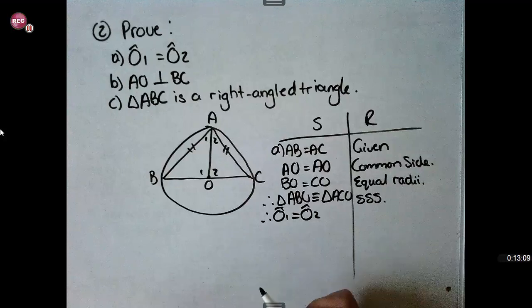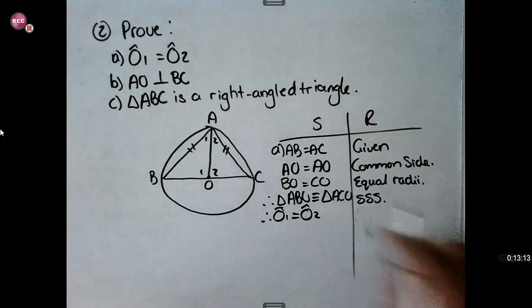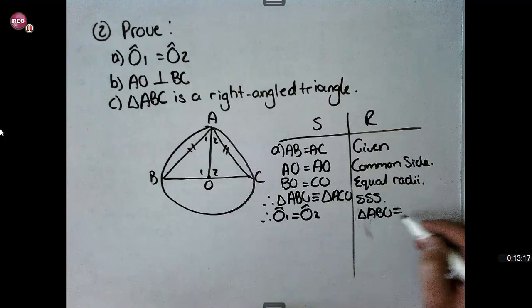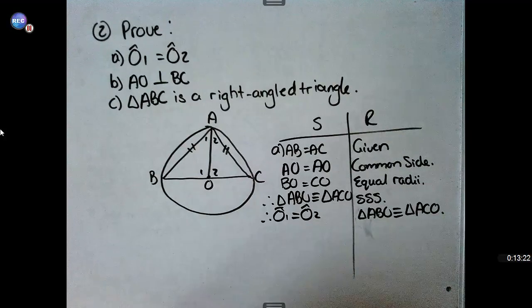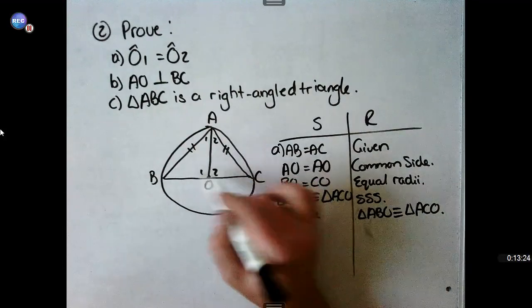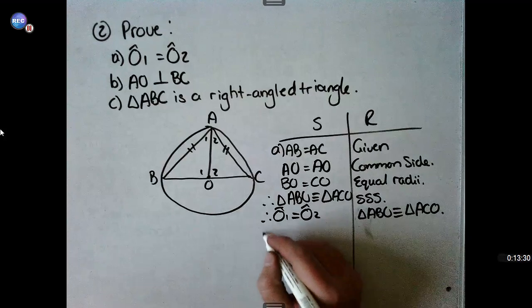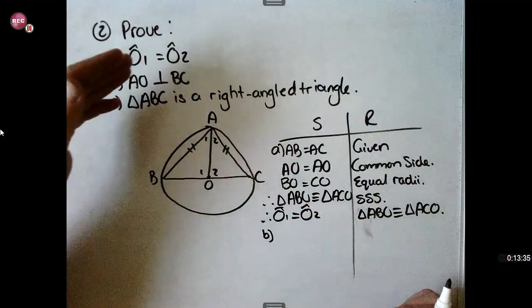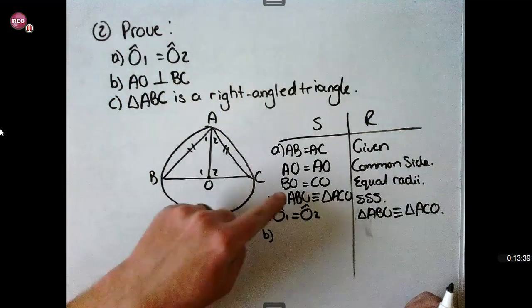And why do I say so? Because triangle ABO is congruent to triangle ACO. That is why these two angles are the same. So there you've proven the first one. Then for question B, they asked you to prove that AO is perpendicular to BC.